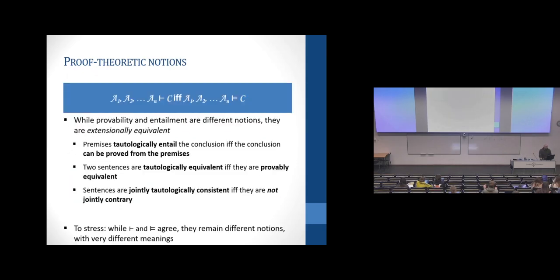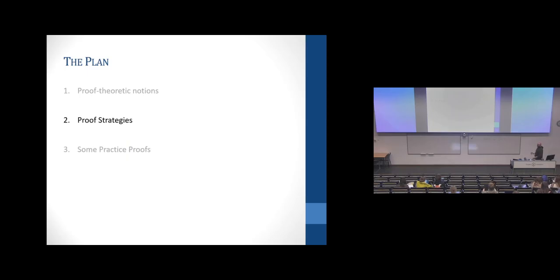So, in that case, let me talk about some general proof strategies. And here I'm going to be extremely vague and extremely general. Because put really bluntly, it would be lovely if natural deduction was mechanical, if it was algorithmic. It's not, really.